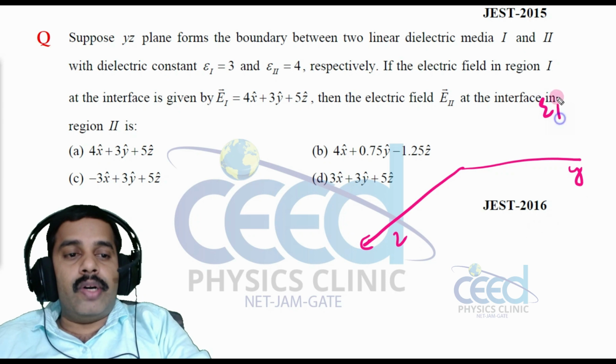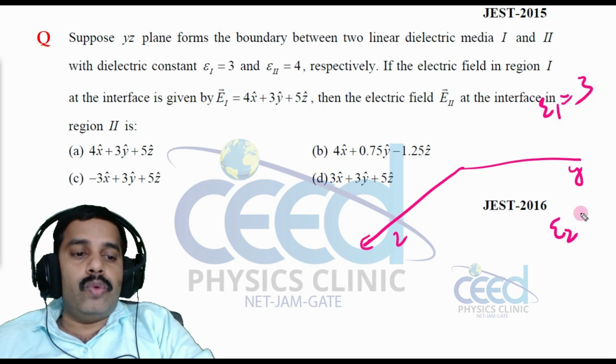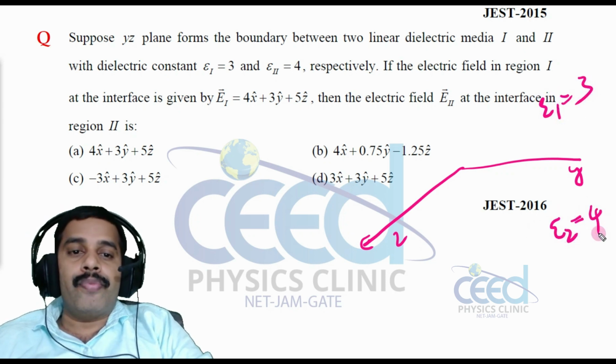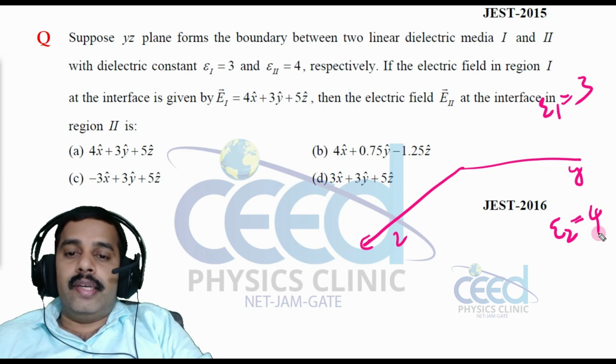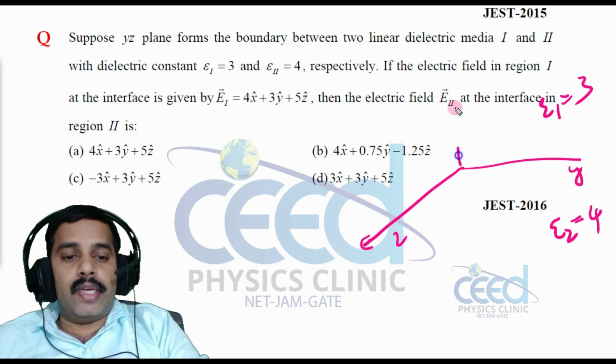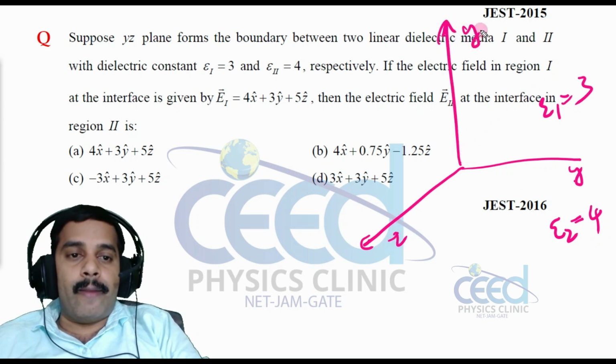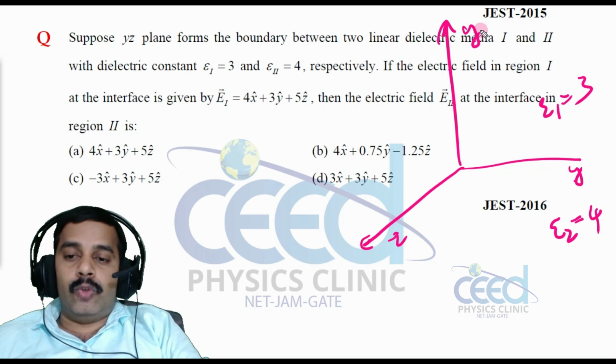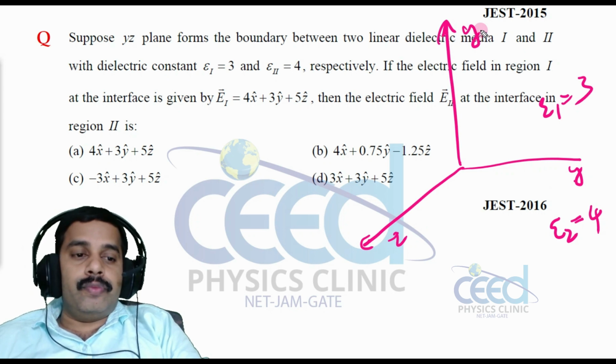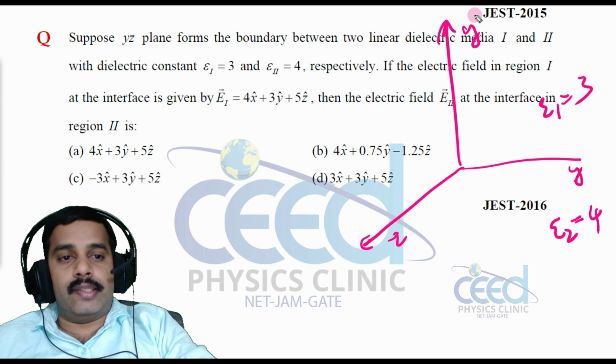And here medium 2, epsilon 2, is equal to 4. So this is my region 1, this is my X axis, right?